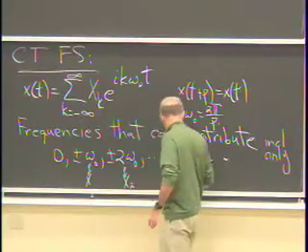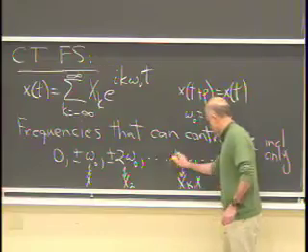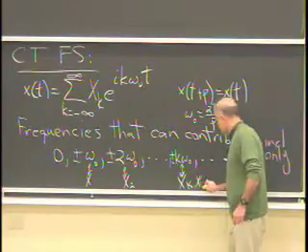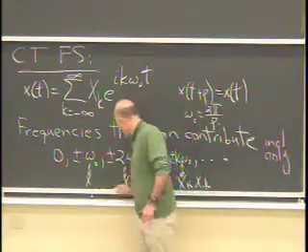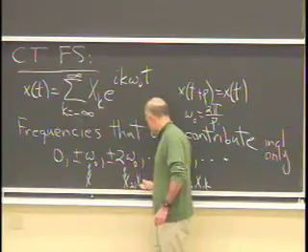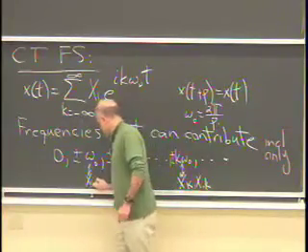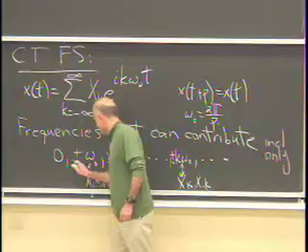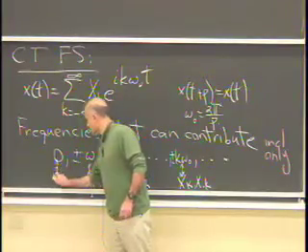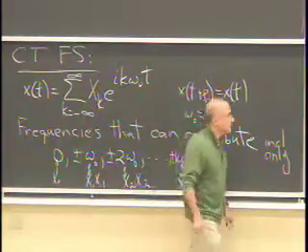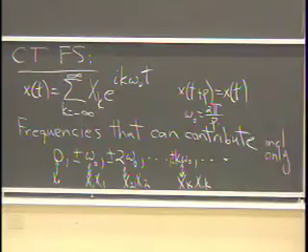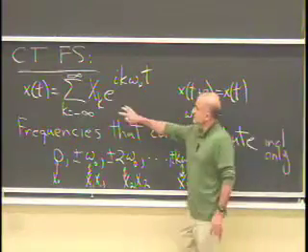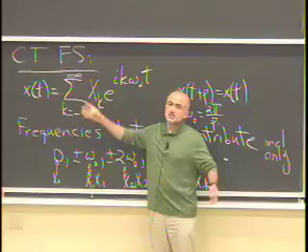Oh, I should say x sub k and x sub minus k, the way I've written it. x2 and x minus 2, x1 and x minus 1, and x0. So what we want to find is the expression for each of these coefficients, and then we're done.